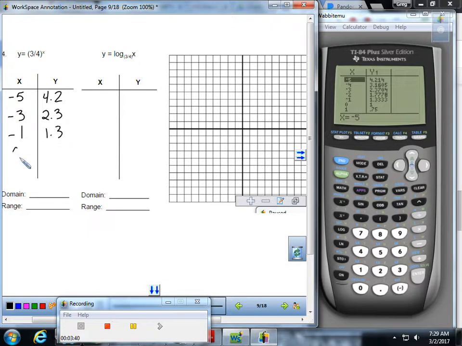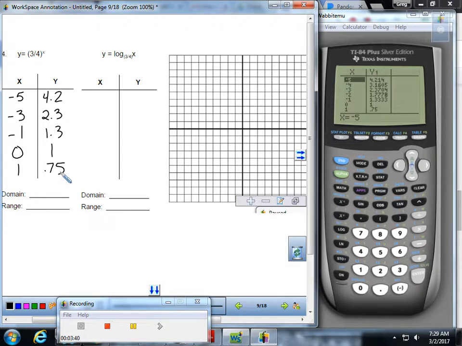I got to get my y-intercept right, so that's 0, 1, and 1, 0.75, okay? Eventually, when you start working on your homework here, it might be to your advantage to have a pen and a pencil, or 2 different colored pens, so you can keep these straight.